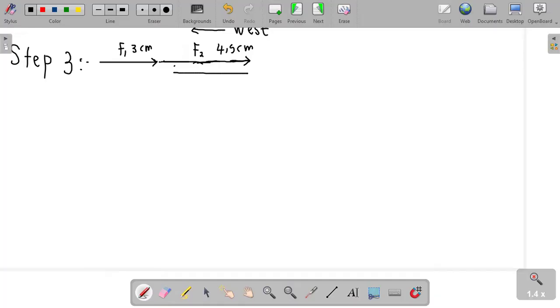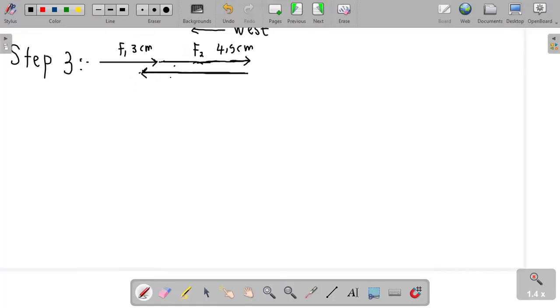It's in the opposite direction. And then 65 is going to be 3.25 centimeters.